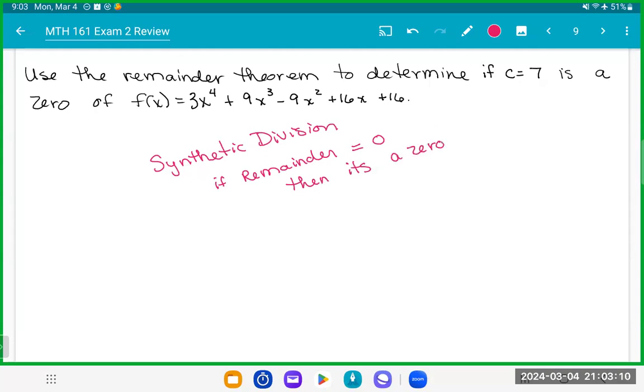In this case, C equals 7 is not a 0, because you go all the way down with synthetic division, and let's say this is a 5, right? Your last position. If that is not a 0, then it is not a 0. So if your remainder is not equal to 0, then whatever value you used in the synthetic division is not a 0. Okay? Question.